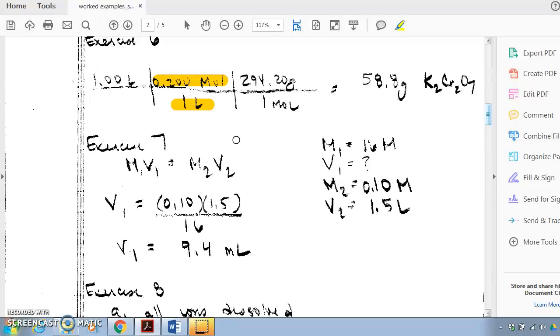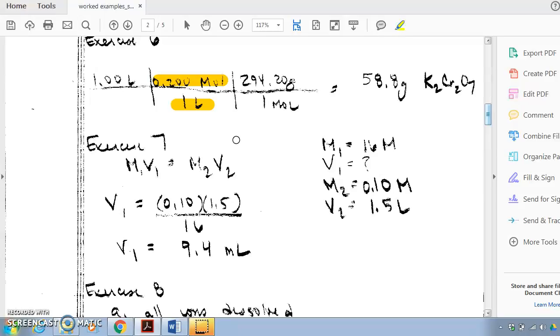In this case, my V2 is in liters, and so really what I get on my calculator is 0.0094 liters, but it makes more sense, since we're going to be measuring that out with a pipette, to express it as 9.4 milliliters.